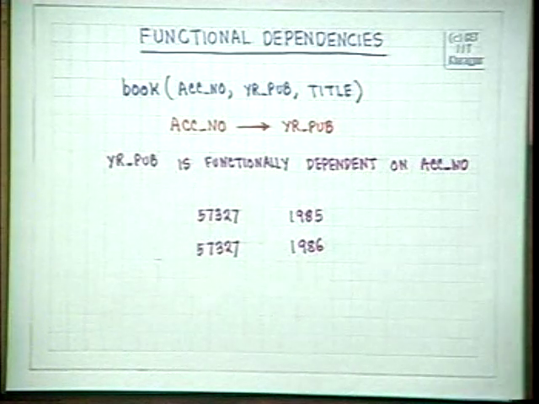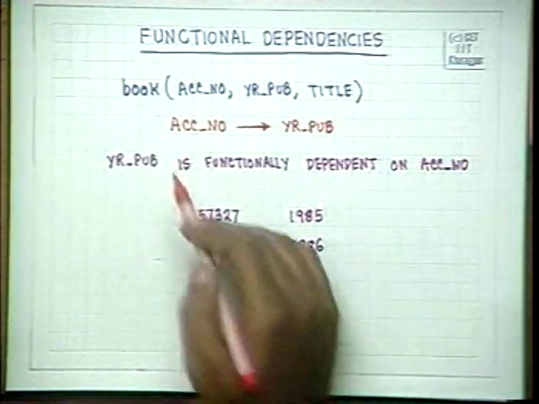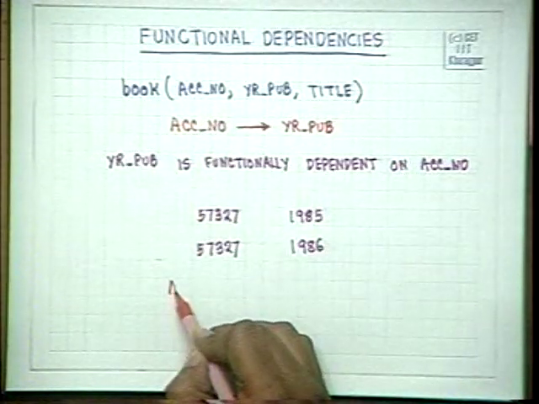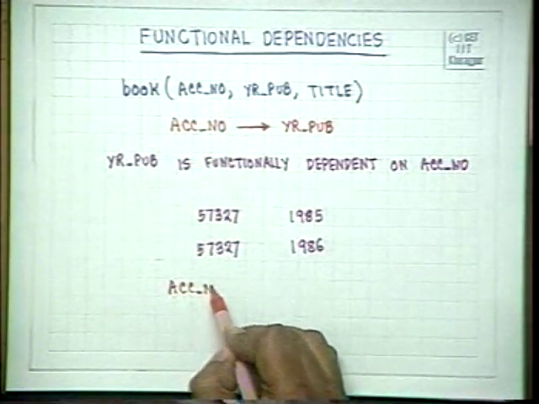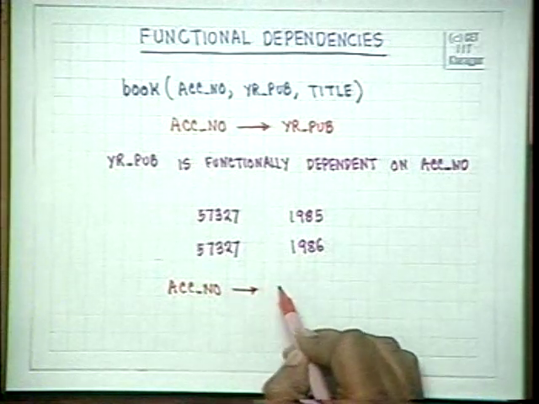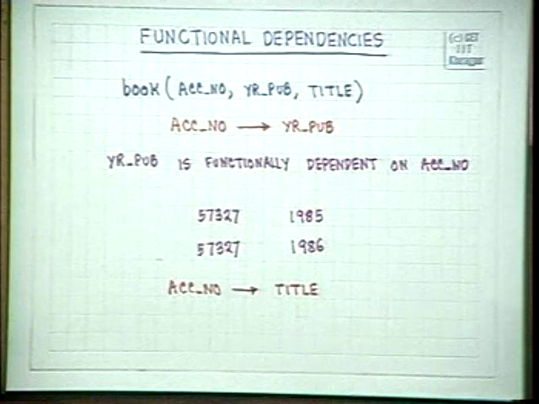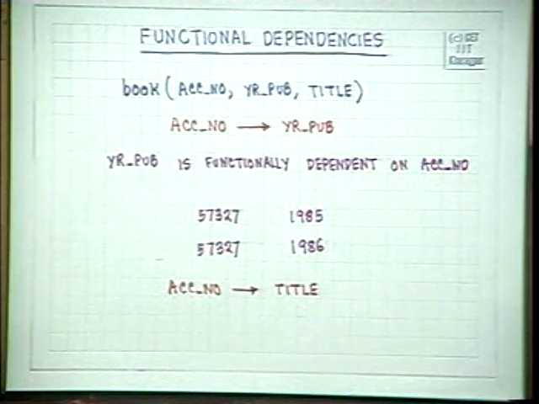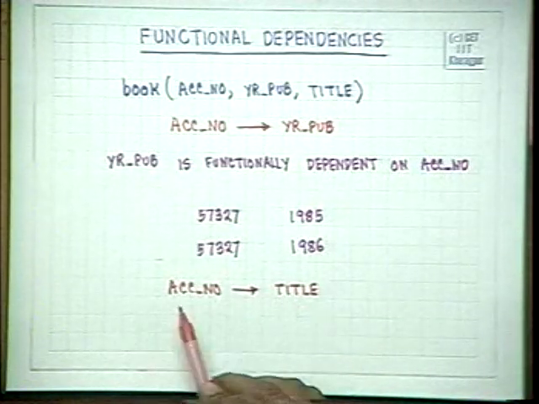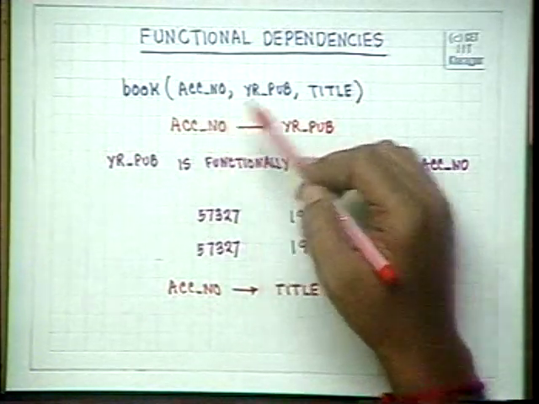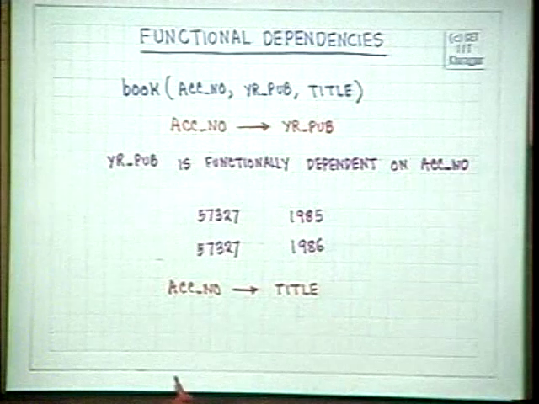And in this particular case, since accession number is a primary key, we have also this relationship, which means that no two books which have the same accession number can have different titles.